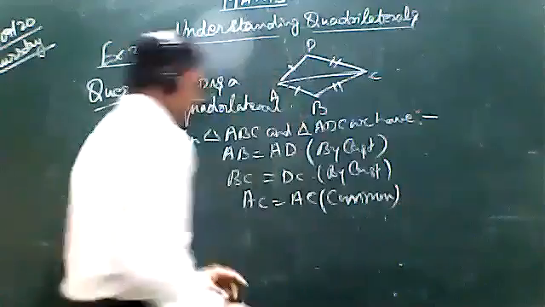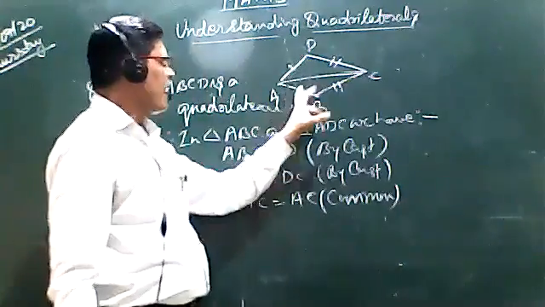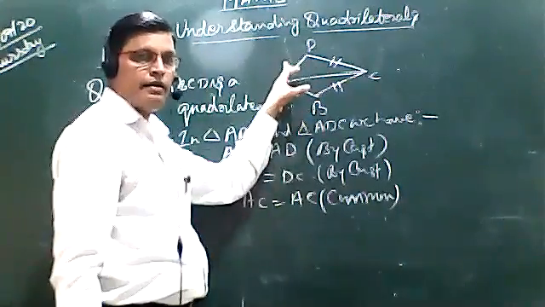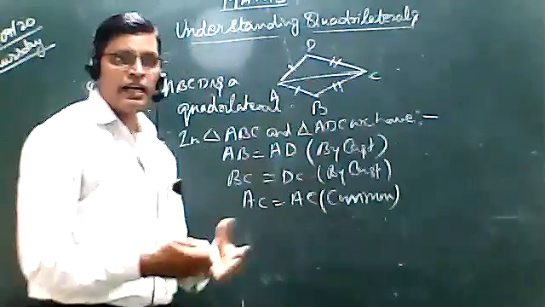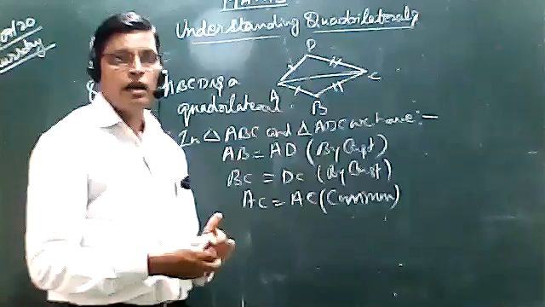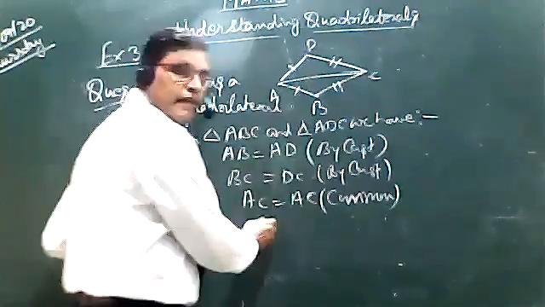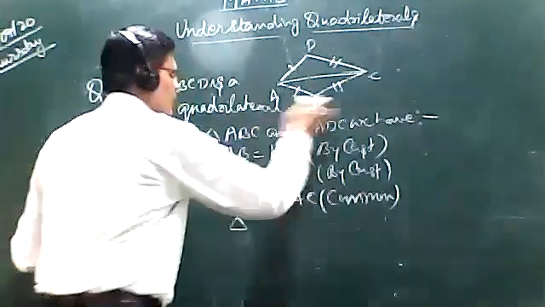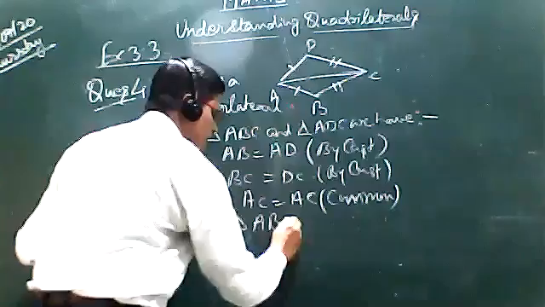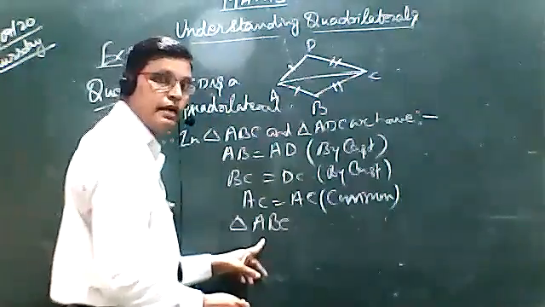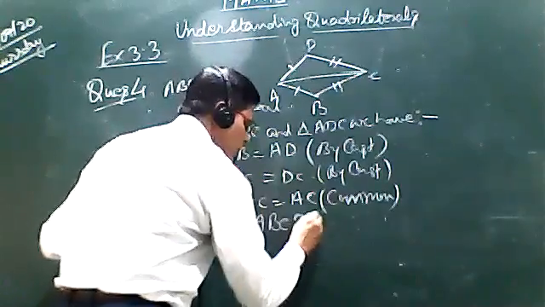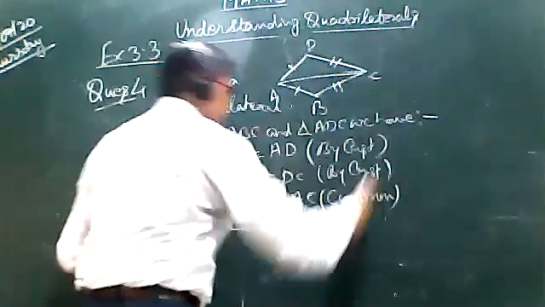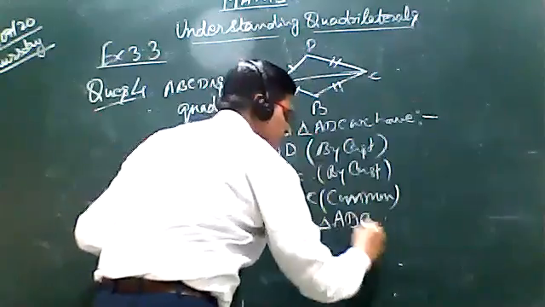Common. That means side, side, side. In a triangle, if all the sides are equal, triangles are congruent. So we write here triangle ABC is congruent to triangle ADC.